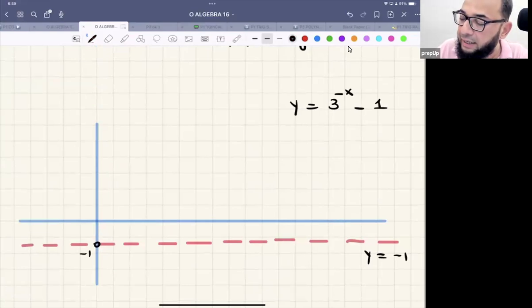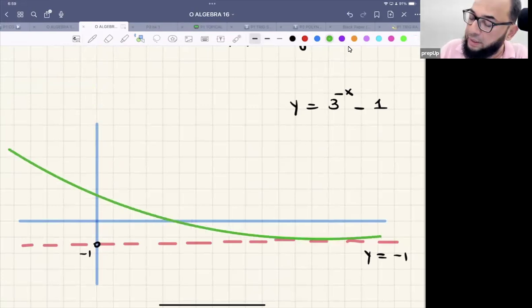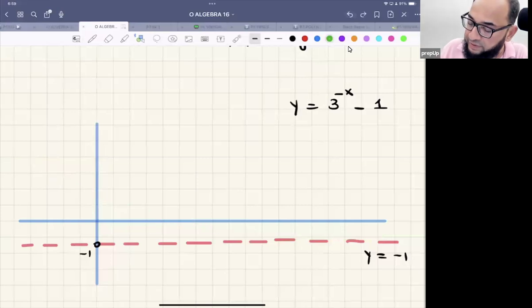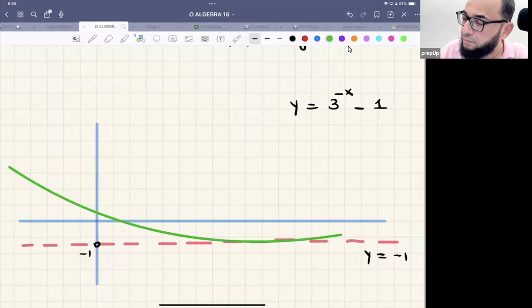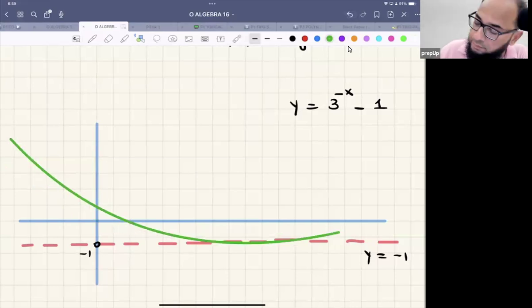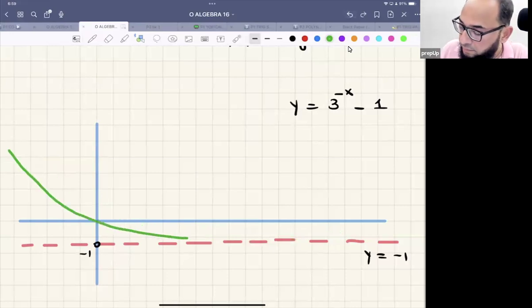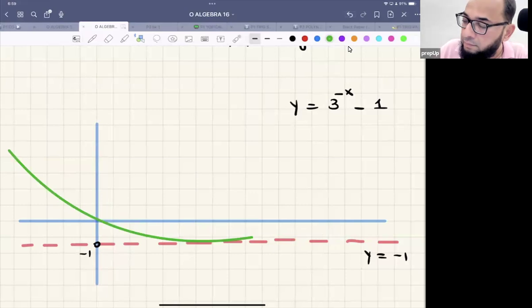This is decay. So let me draw a green graph over here like this. Okay, so now 3 to the power of negative x minus 1. Hold on for a second. No, not exact. Okay, I think that would do the job.